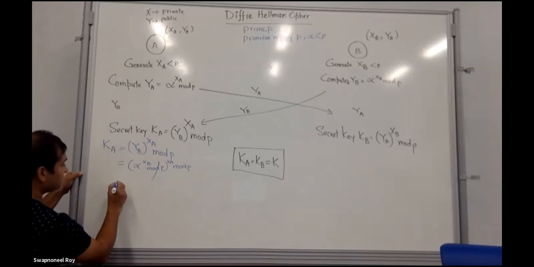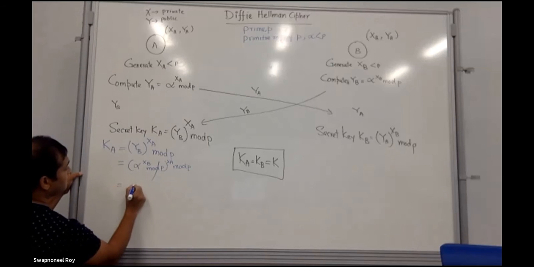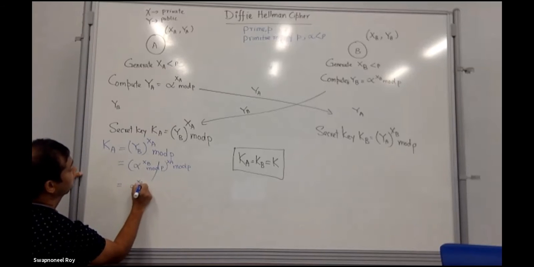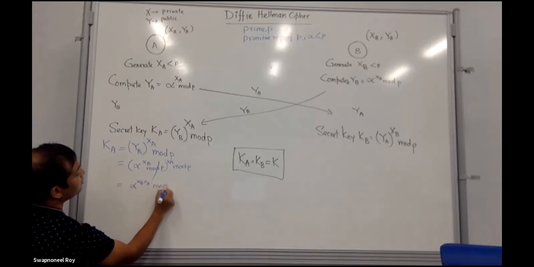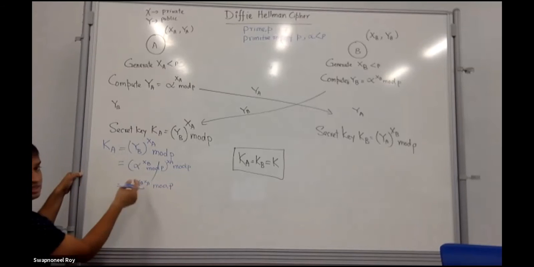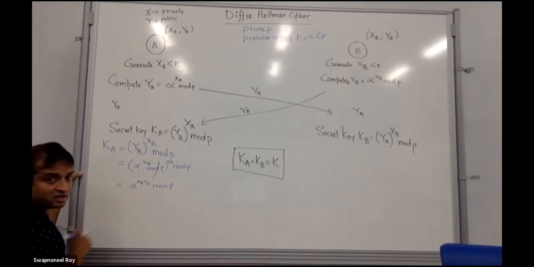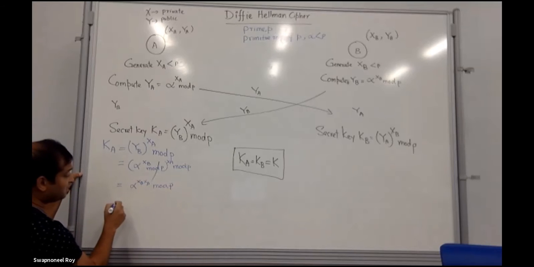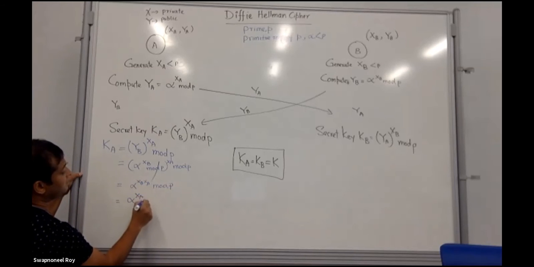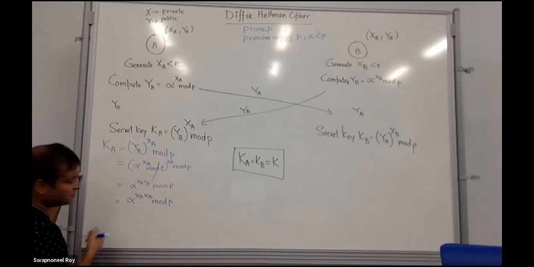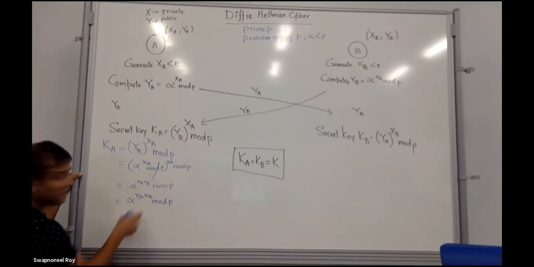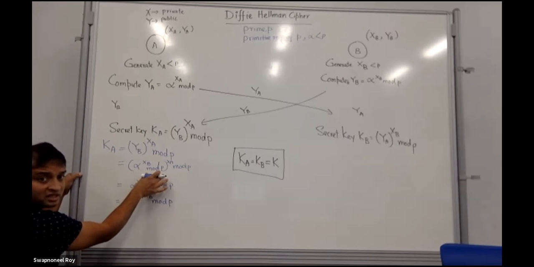So this becomes alpha to the Xb Xa mod P. I can interchange Xb and Xa in the exponent product, and it still remains the same. This equals alpha to the Xa Xb mod P, and now using the same rule of modular arithmetic, I can bring back the modulus again.